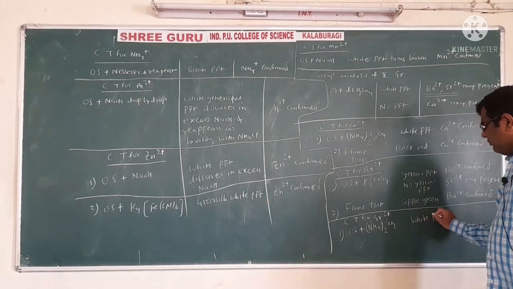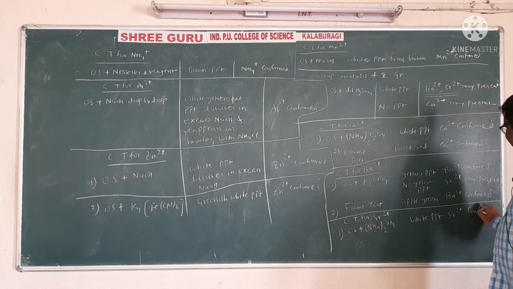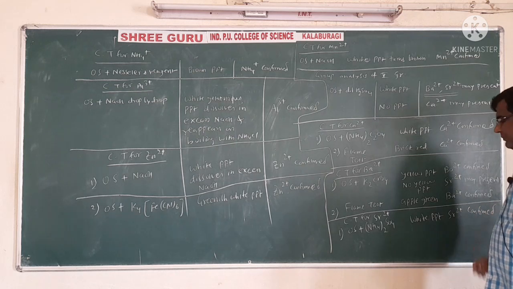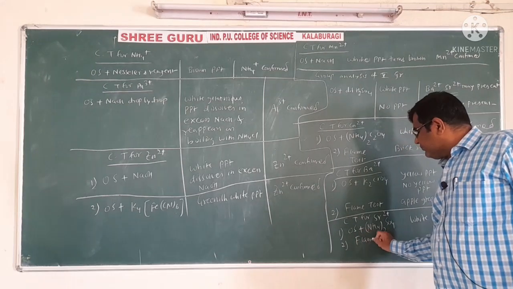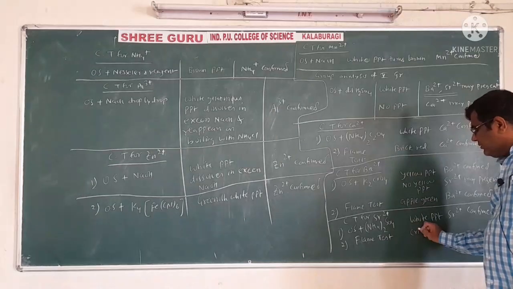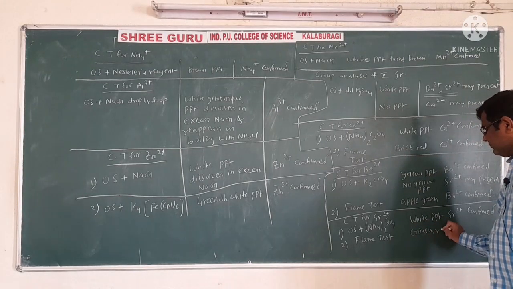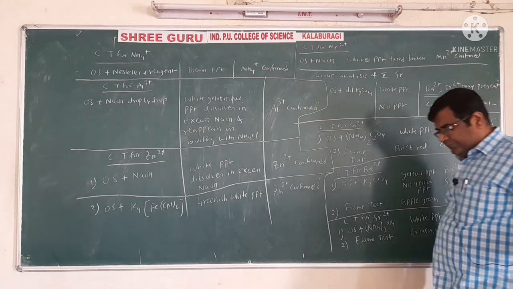If we get white precipitate, we have to say that strontium is confirmed. Or another one is flame test. If we get crimson red, then we have to say that strontium is confirmed.